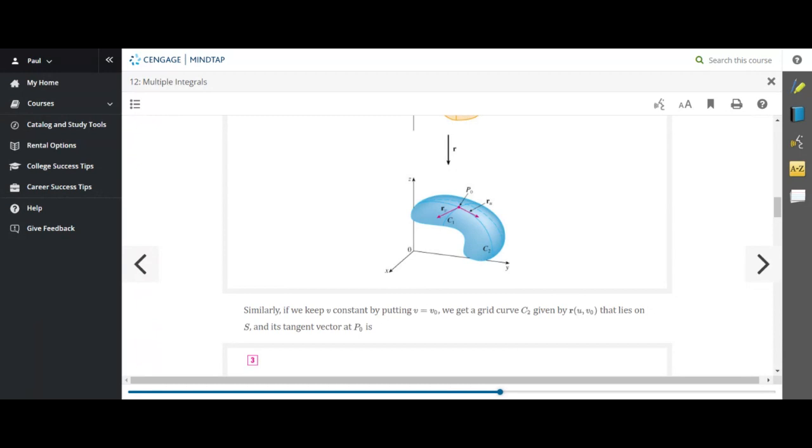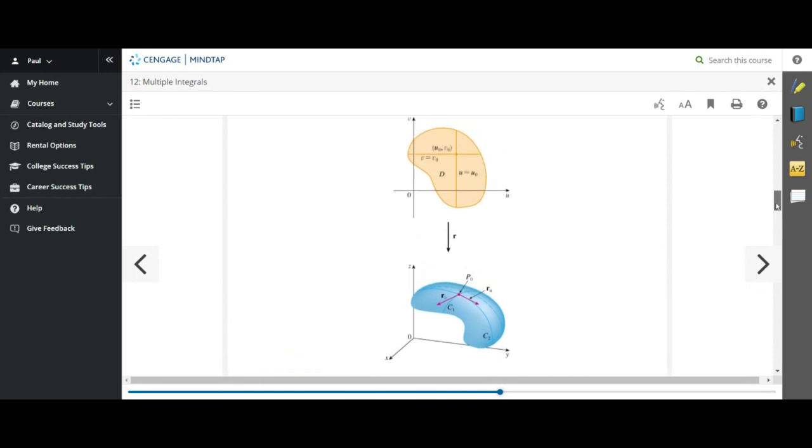Notice that those tangent vectors are tangents to two space curves as well on the surface, and those space curves correspond to holding one of the parameters constant, and that's what you see up on region D. One line segment on region D is letting u equal a constant.